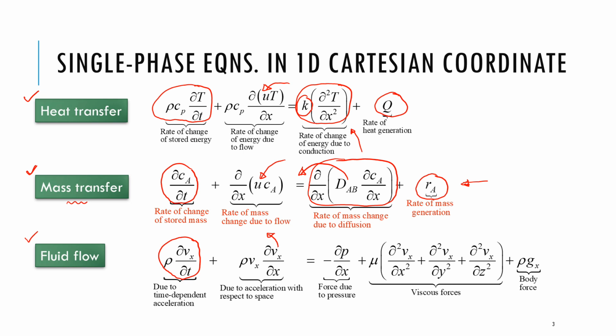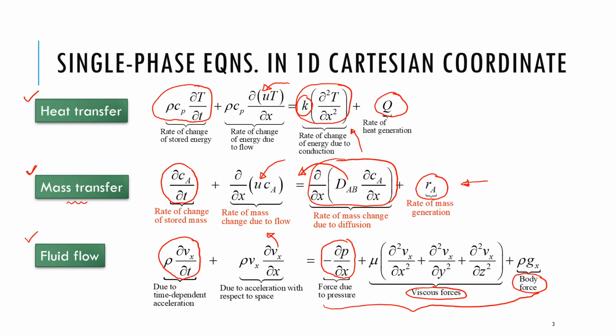And the first one on the right hand side, and really the entire right hand side, is composed of different forces. The first one is force due to pressure. The second one is the force felt due to viscosity, and the third one due to body forces like gravity.